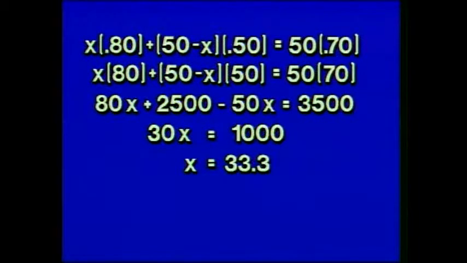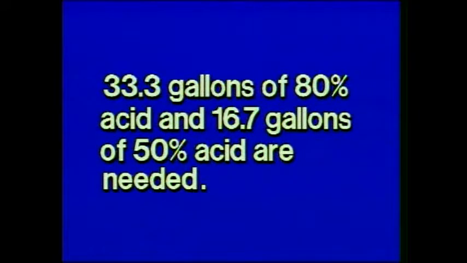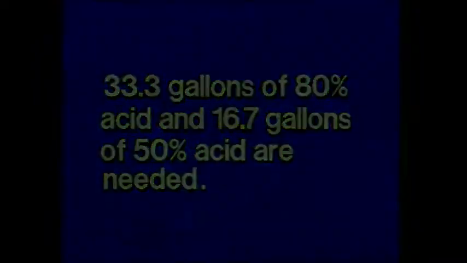And in the other container, we represented the number of gallons by 50 minus x. Well, x in this case we just found to be 33.3. So 50 minus 33.3 is 16.7. Now we can write our solutions. We know that 33.3 gallons of the 80% acid solution and 16.7 gallons of the 50% acid solution are needed.